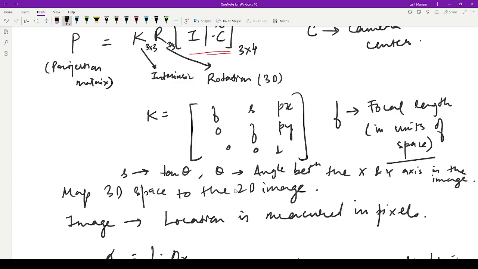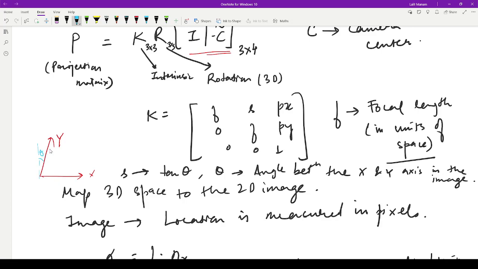Sometimes it's the case that the x and y axis are not exactly at 90 degrees, which means x could be like this and y could be like this, so they are not orthogonal. In this case, the theta should be the other one given the notation.